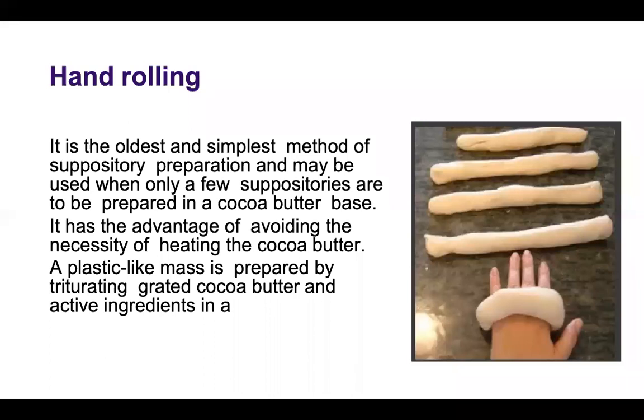So how to prepare them? Hand rolling is the oldest and simplest method of suppository preparation and may be used when only a few suppositories are to be prepared. So these are handmade. Nowadays they are formulated on machines, but hand rolling was done in previous days.